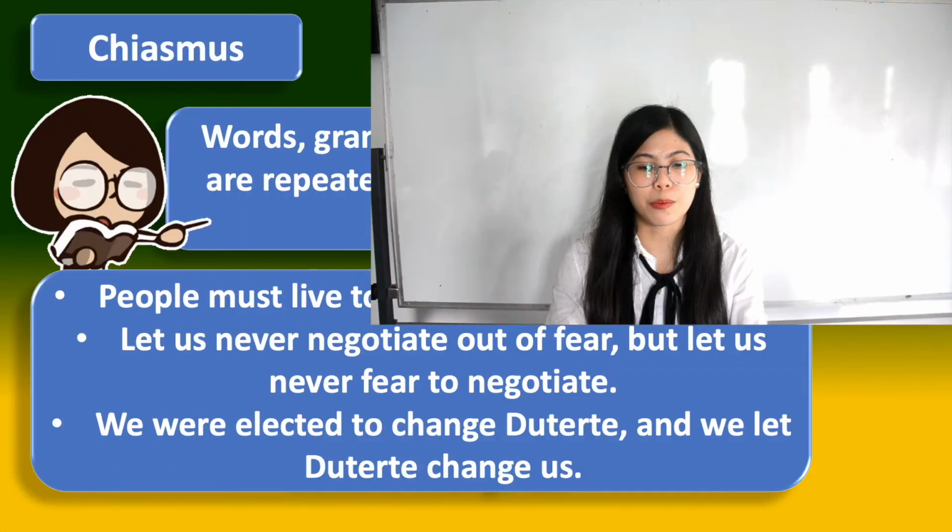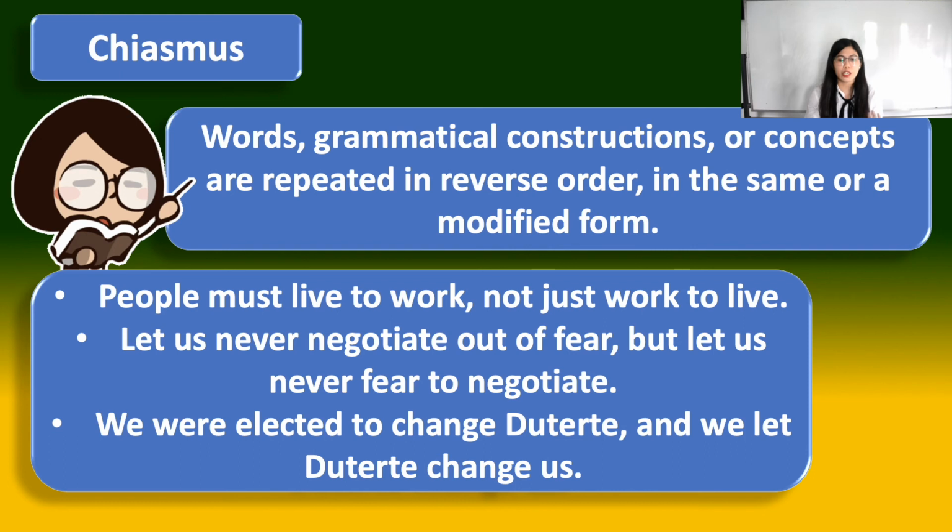Next, we have chiasmus. Chiasmus is a word, grammatical construction, or concept repeated in reverse order, in the same or in modified form. So example: people must live to work, not just work to live. As you can see here, the phrase live to work was repeated but in reverse form, which is work to live. Next example: let us never negotiate out of fear, but let us never fear to negotiate.